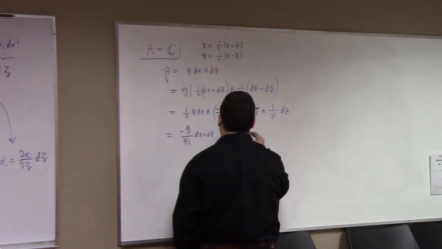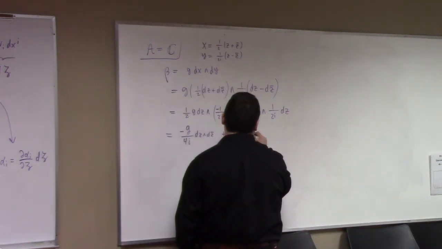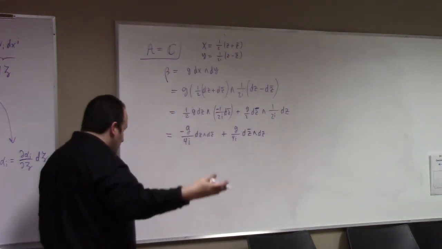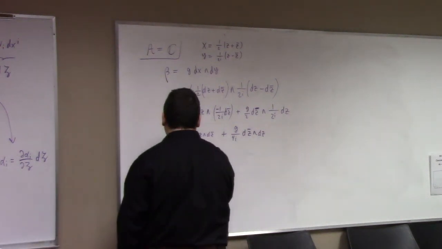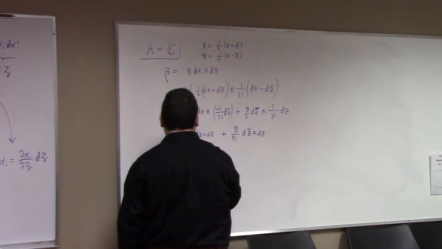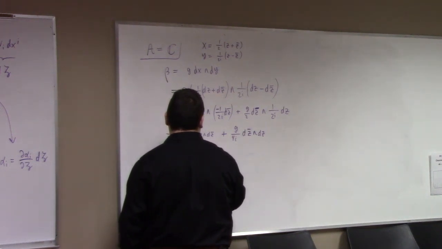So dz bar, grief, dz bar wedge dz. All right. And so, what do we get? ig over 4, right? ig over 2 rather. dz wedge dz bar, I think.